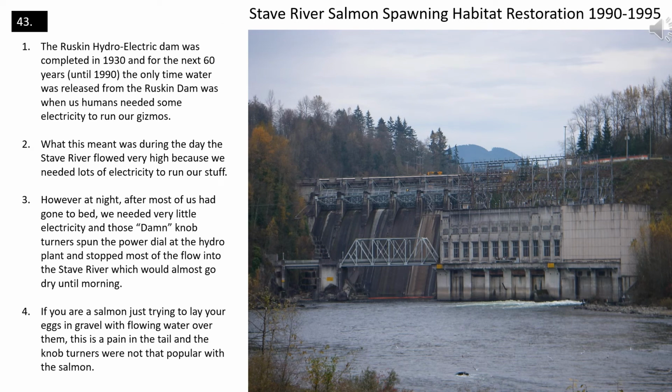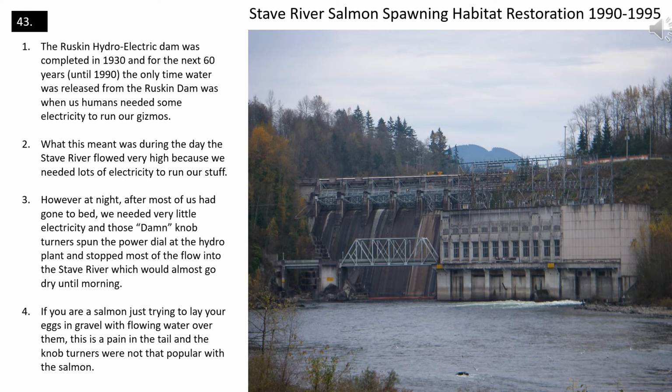So as we discussed, the Ruskin Hydroelectric Dam was completed in 1930. So for the next 60 years, the only time water was released from Ruskin Dam was when us humans needed some electricity. Now this did change in 1990. But what it meant, as we've said, the river would flow very high typically during the day when we had a lot of stuff running. But when we went to bed at night, very often the river went right down and most of the gravel bars were exposed.